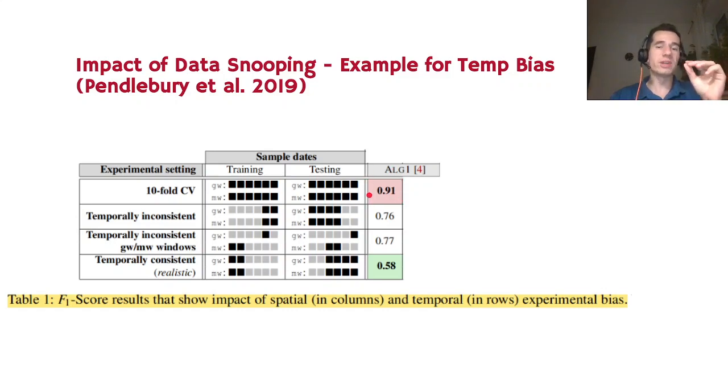But what actually happened? Since we combine data from different time periods, our model got information from the future. So it was taught on data that were used for testing later. And this creates a bias, because newer versions of software may use different APIs or different libraries, for example.